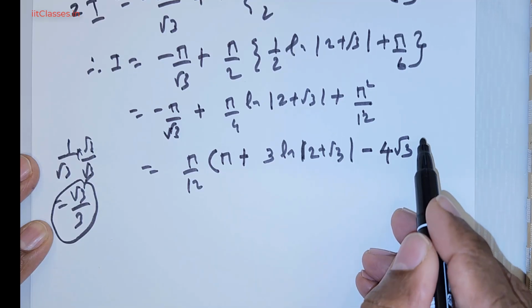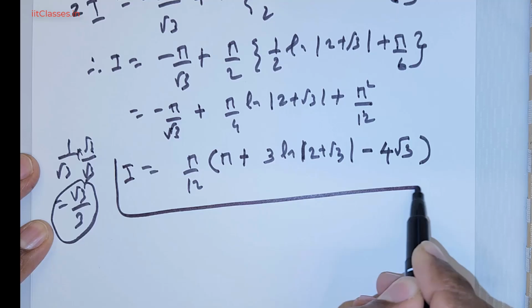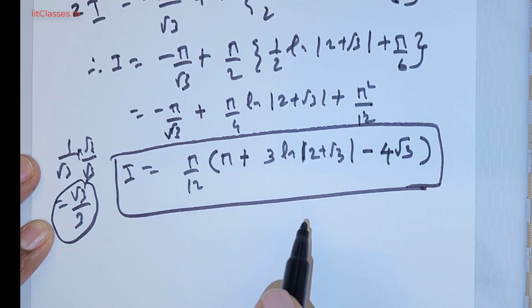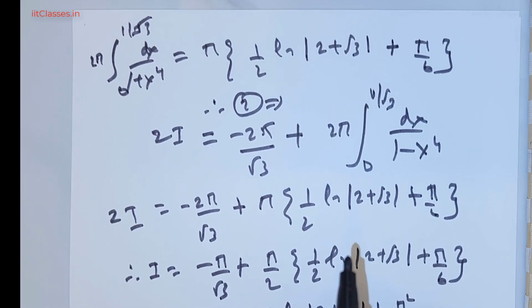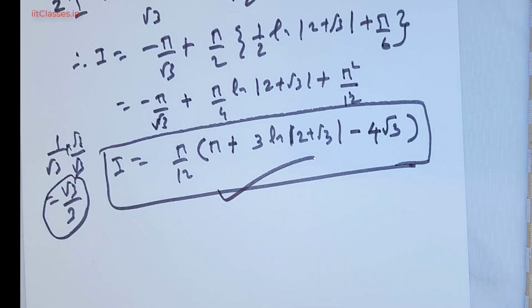Of course pi is there. So we are doing all these things because we need to get the required form. Okay, so this is the required choice that is being given in the question. Okay, and that is the conclusion for this beautiful question.